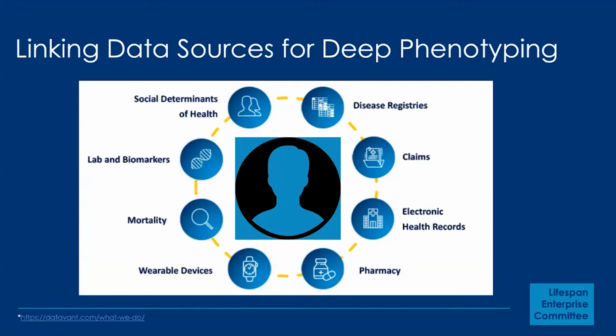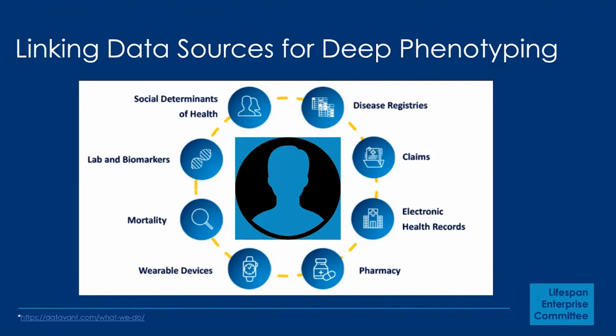So it's increasingly clear that there's a wide variety of information collected about people within our cohorts, and that if we brought that information together from a wide variety of sources, we might get a better picture of their exposure, their risk, and their outcomes. This is just a subset of the information you might be interested in knowing about any single cohort participant.